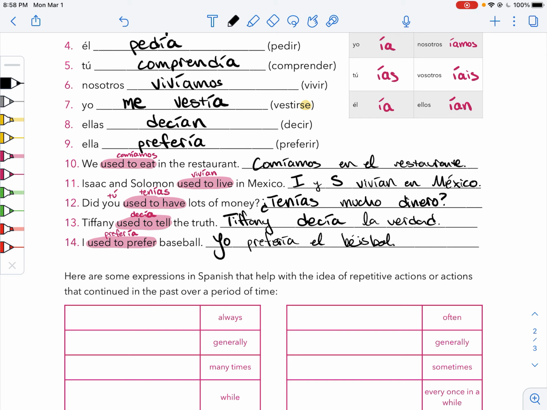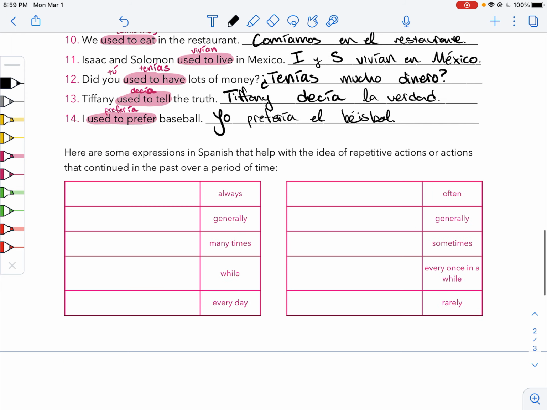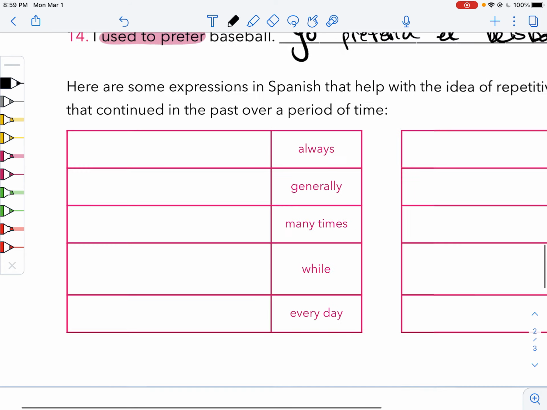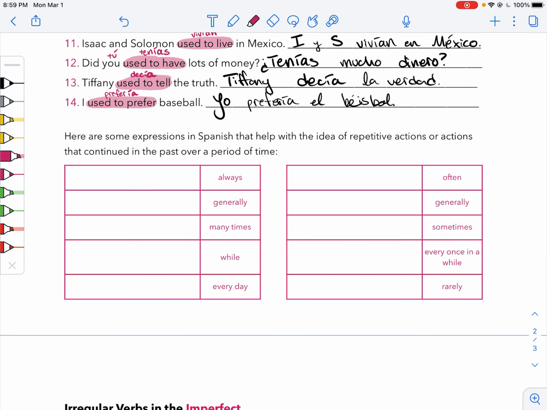There you have it. By the way, if you are ever wanting to add some spice to your imperfect tenses, or you want to say that you always did something or you used to do something that's just imperfect, here are some phrases in Spanish that are going to help indicate that these are continual actions, or repetitive actions, or they were over a period of time, right? Those are all signaling, oh, this is ongoing. This is the imperfect.